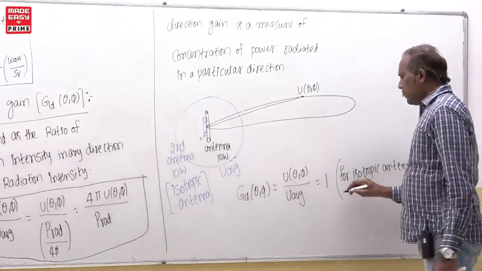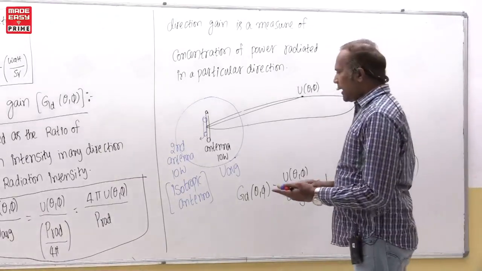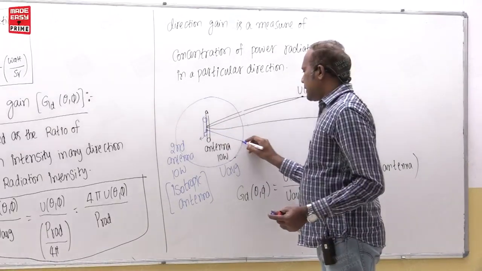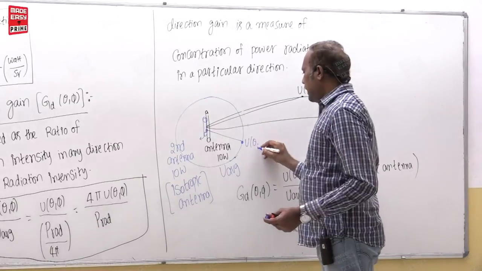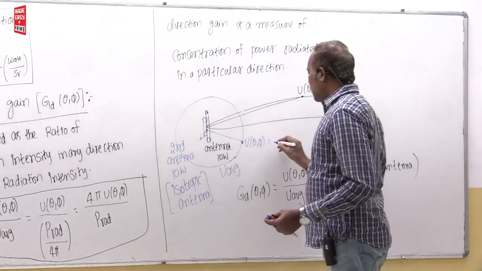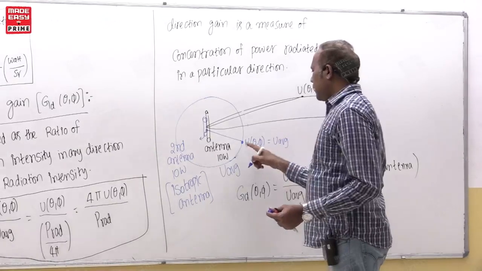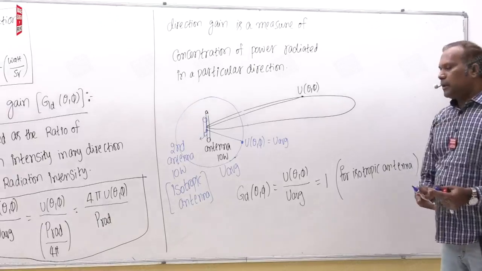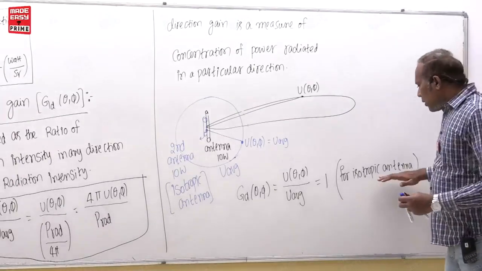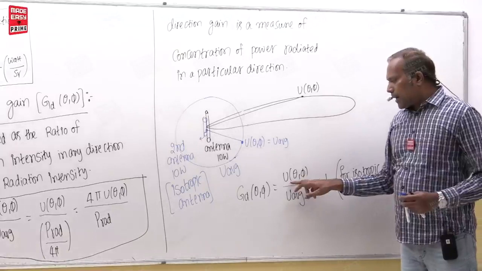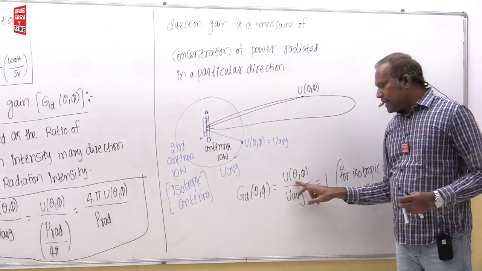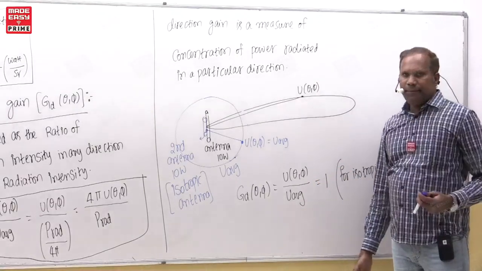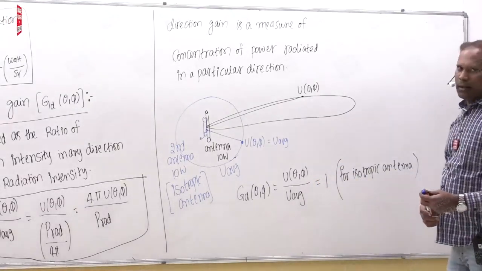You know why? For an isotropic antenna, radiation intensity in any direction, U theta phi, is exactly equal to U average. So for an isotropic antenna, radiation intensity in any direction is equal to the average radiation intensity. That is why directive gain is 1.